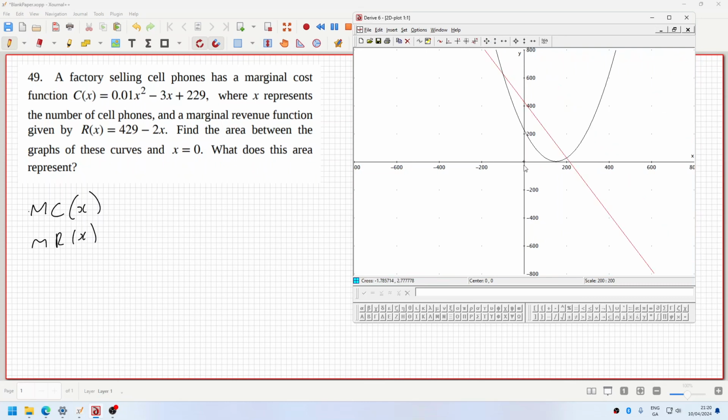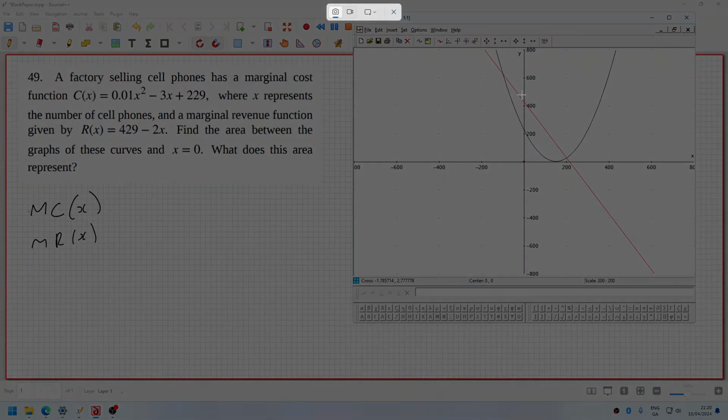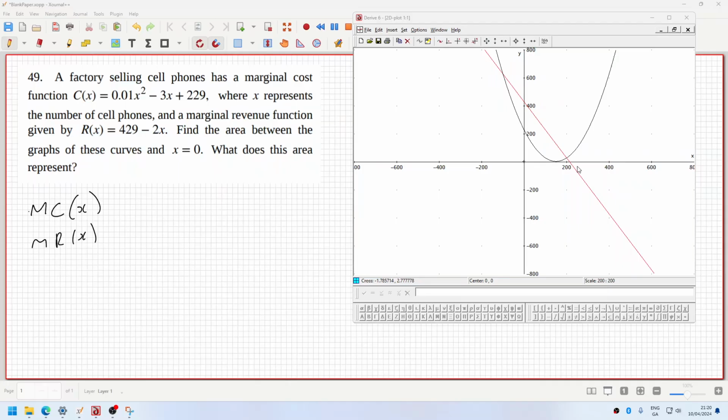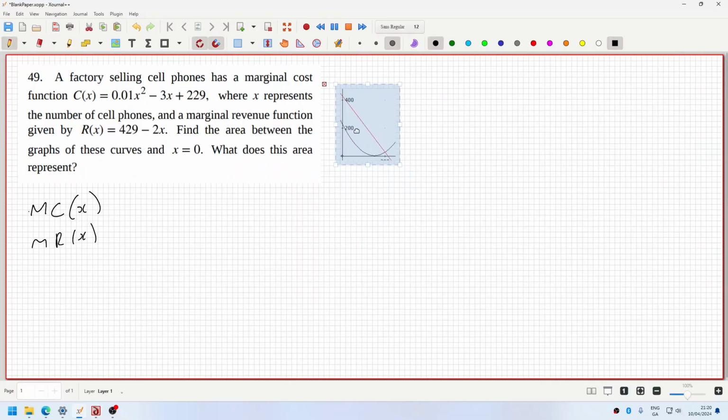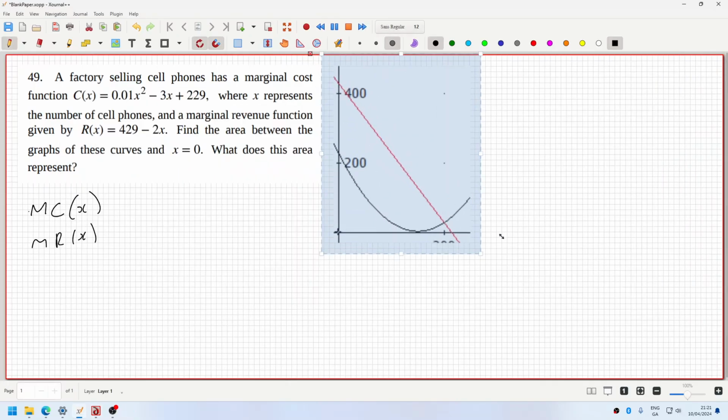Between 0. Yeah, so like that's trying to capture that. That's this area here.